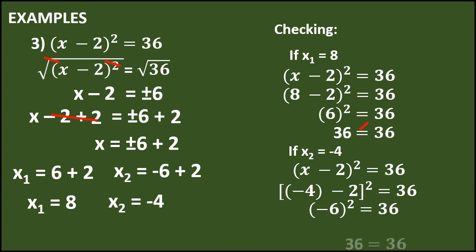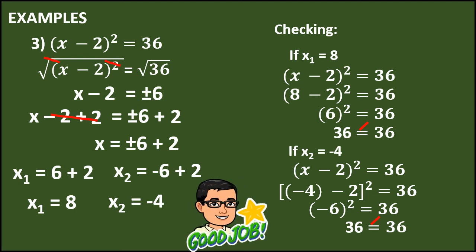Negative 6 squared is equal to 36, and 36 is equal to 36. They are equal, so we are going to accept also negative 4. So 8 and negative 4 are the solutions to the quadratic equation quantity x minus 2 quantity squared equals 36.